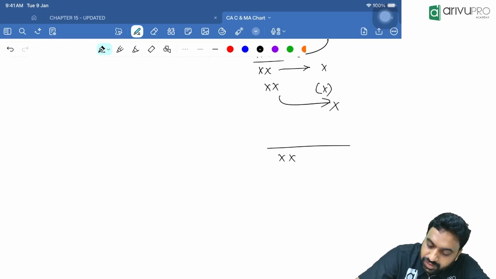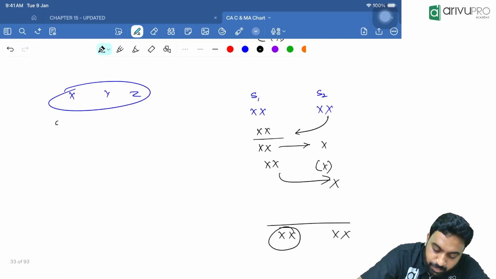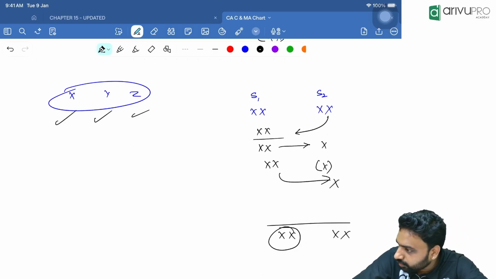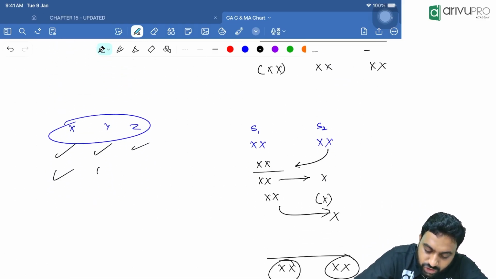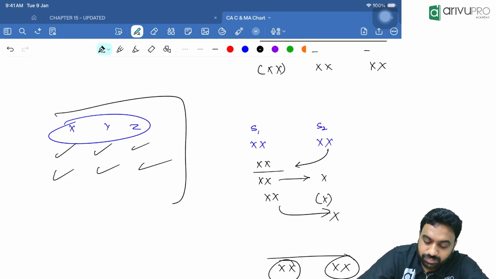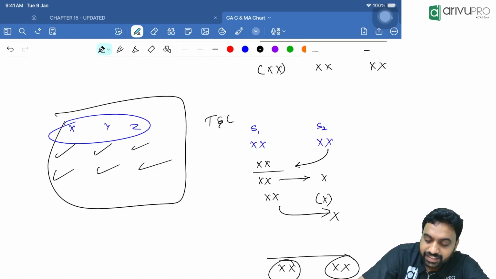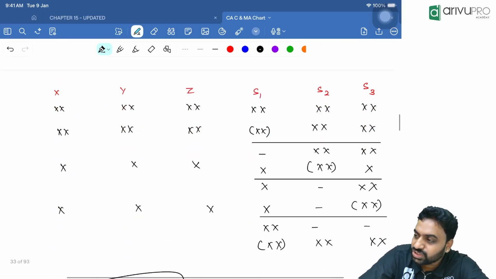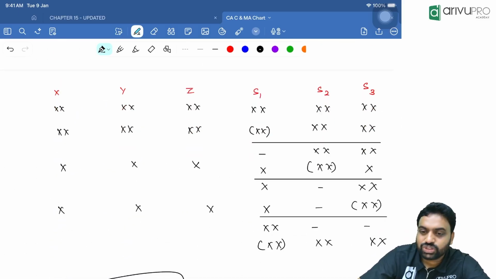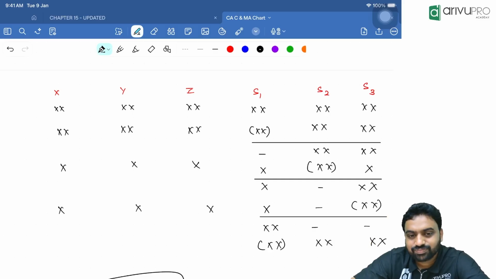Then S1 total and S2 total: S1 total is charged in some proportion to production departments X, Y, Z, and S2 total likewise. This method we call the trial and error method. In simple terms, rather than showing it in one table, we are showing it in two different tables.